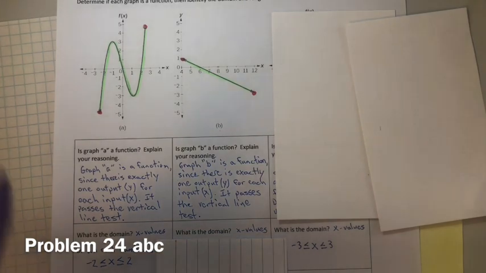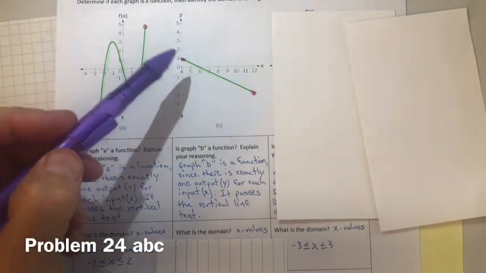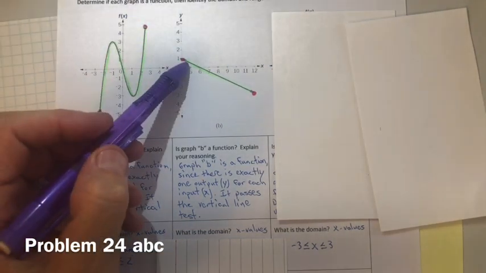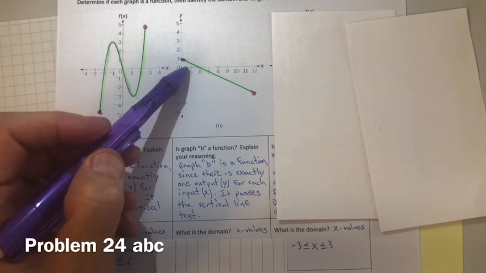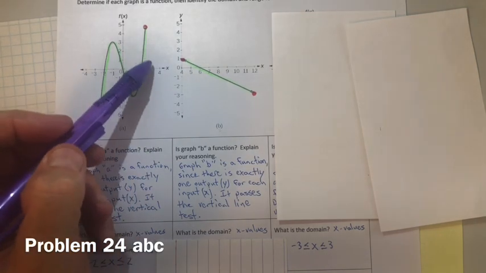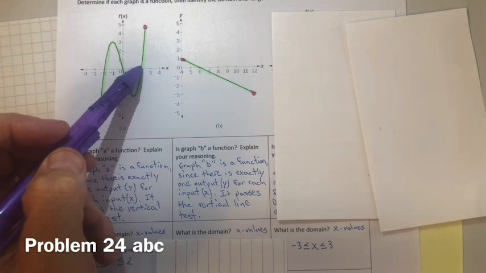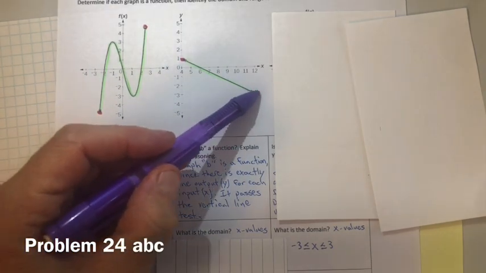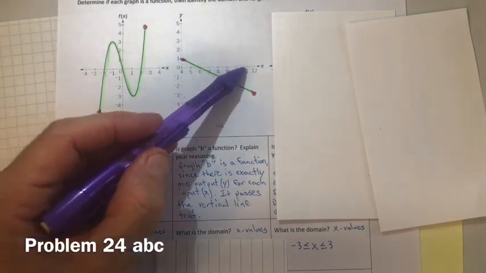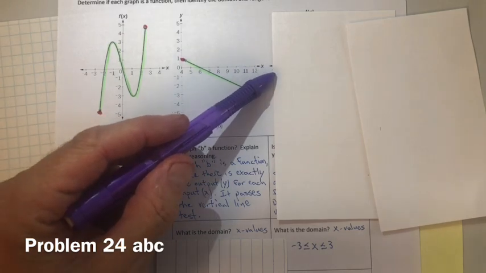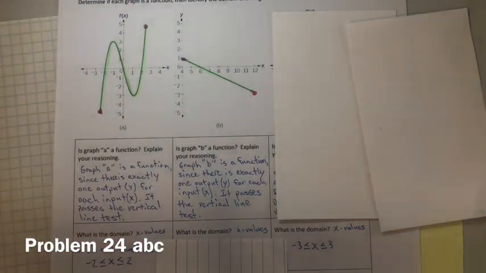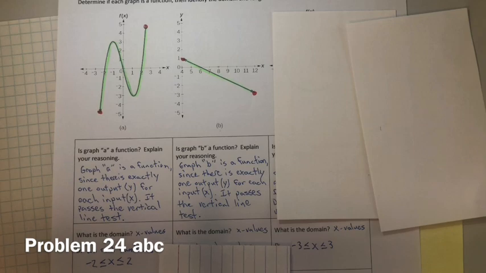Now determine the domain, all the x values. Well, again, I'm going to first start, if this was an arrow, that means it's going to go forever in the negative x direction. And if this is the arrow going this way, it's going to go forever in the positive x direction. So that means that the domain would be all real numbers.